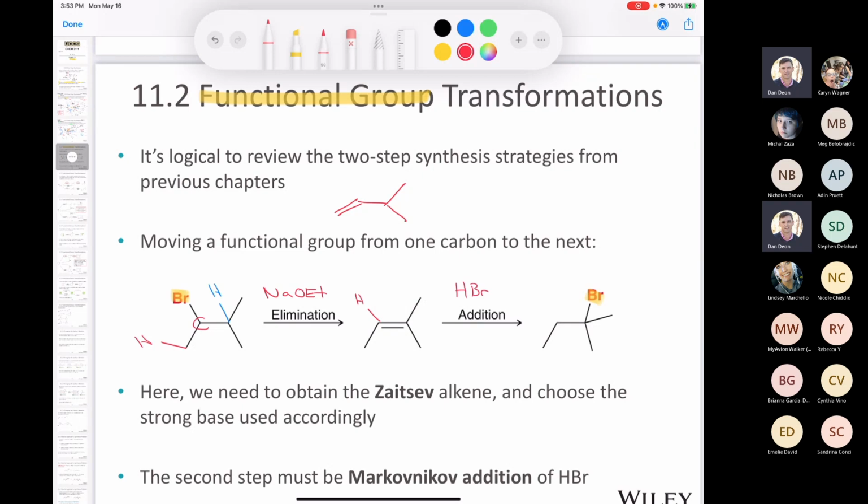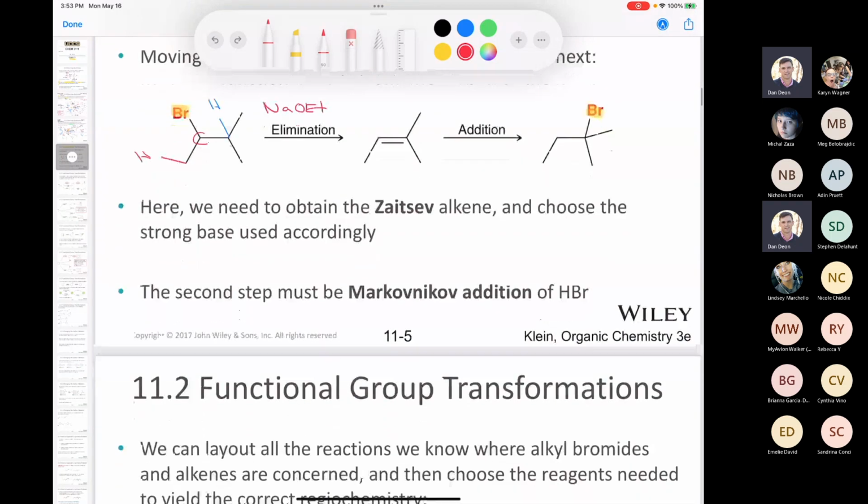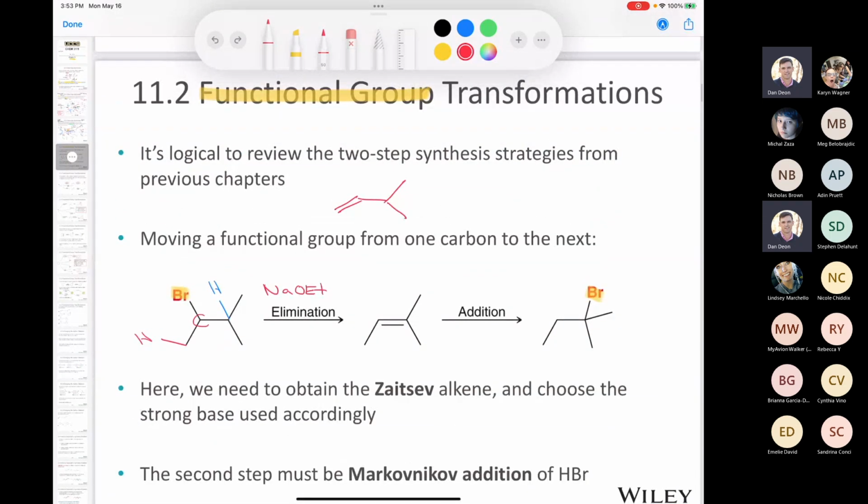If you haven't taken organic chemistry in a couple semesters and you've forgotten why is that, why do the rich in fact get richer? The reason why is because it proceeds through the most stable carbocation intermediate. Check this out. If you add the hydrogen to that carbon, what you end up with is a tertiary carbocation, which is stable.